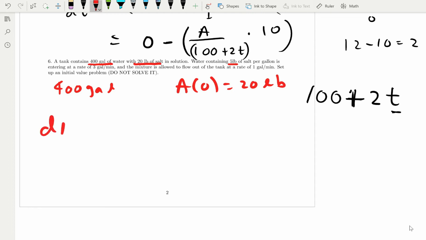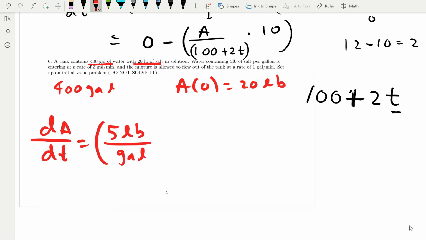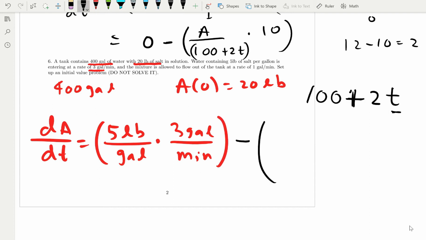Okay, so for dA over dt, the inflow concentration of salt is 5 pounds per gallon. So that's the concentration, right? That's the concentration of inflow, times the rate that comes in, which is 3 gallons per minute. So that's the inflow information. So concentration times rate, minus now the outflow; we don't know the amount, so divide by the volume.